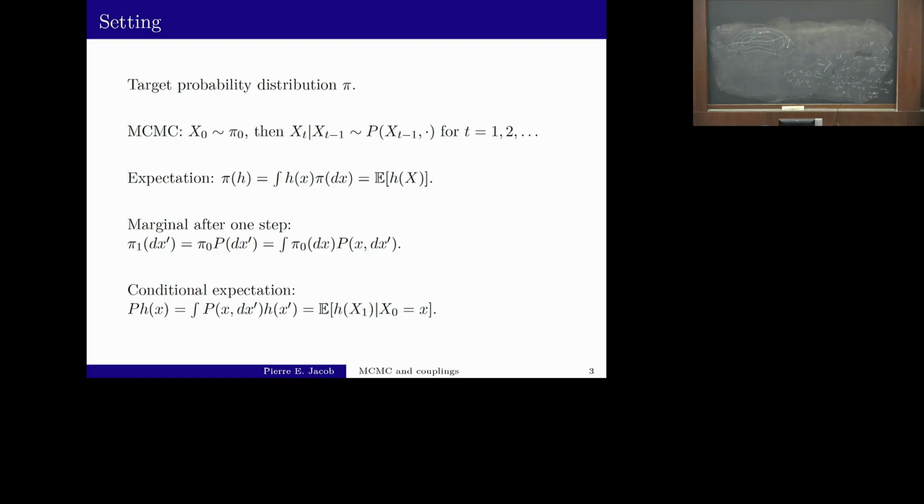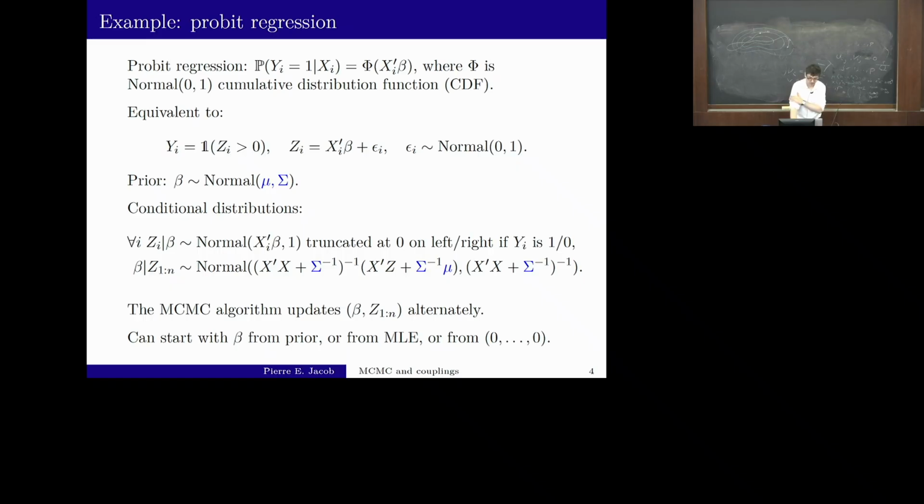If you start a chain at little x, do one step, apply the function h, and take the expectation given where you started, that's denoted by Ph(x). This is shorter than writing the expectation of h(x_1) given x_0 equal x, but it's the same thing. Okay, so back to the probit regression example, and then tomorrow I'll try to put in a Bayesian quantile regression example.